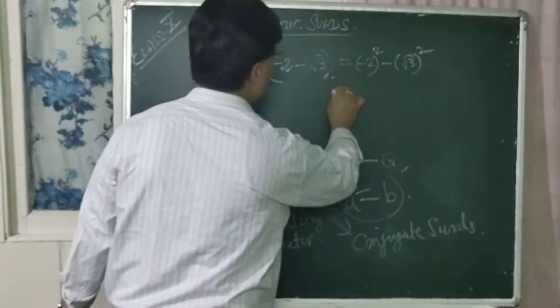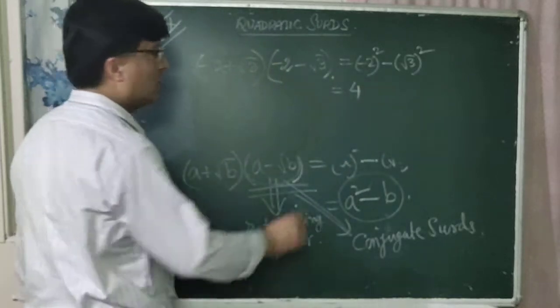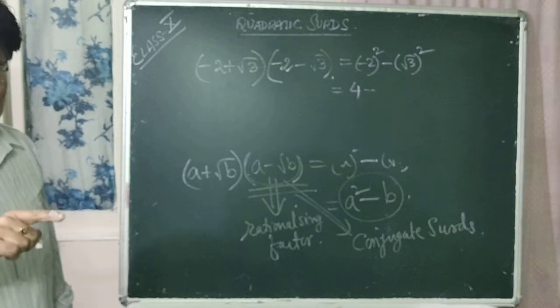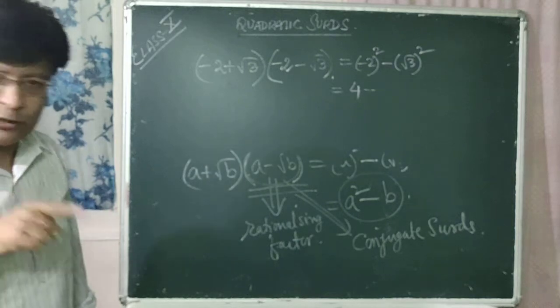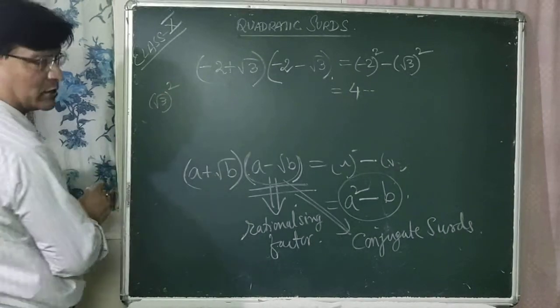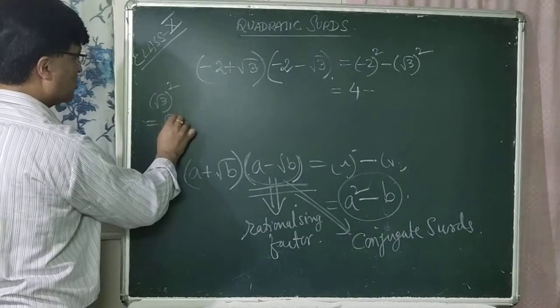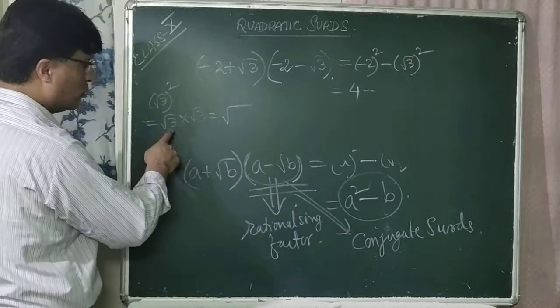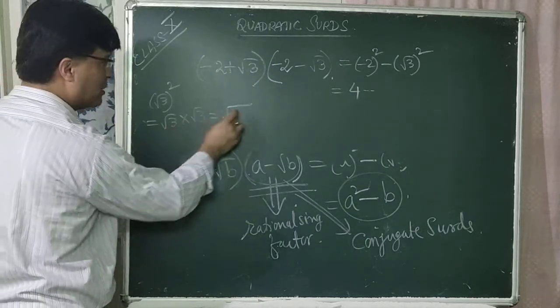So what is minus 2 whole square? 4. Minus what is root over 3 whole square? It will be root over 3 into root over 3, which is root over 9. But how does the root go away? Root over 3 whole square means root 3 into root 3, and you can multiply them: 3 times 3 is 9.